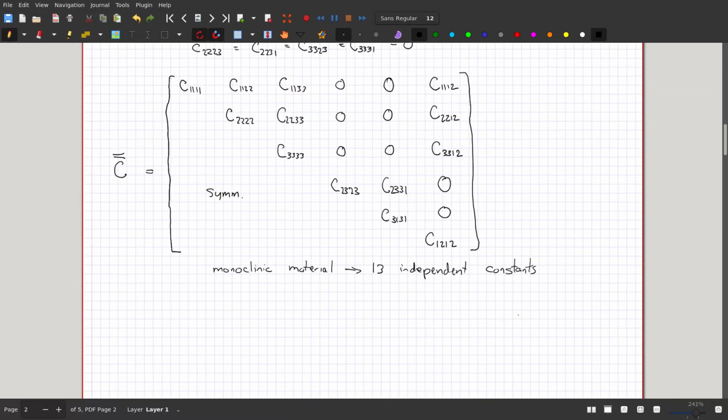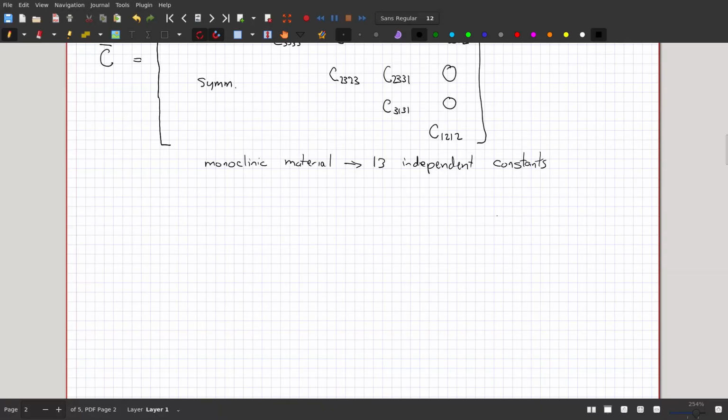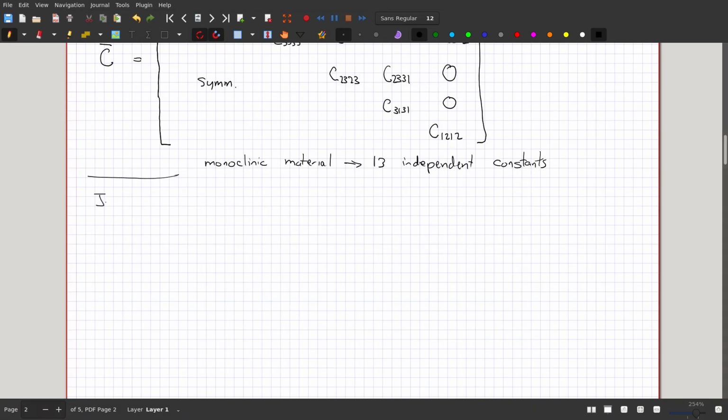Okay. Don't worry, we won't write out all those equations anymore. But basically, we can carry these arguments forward.